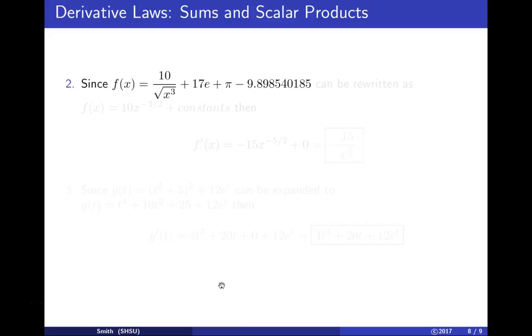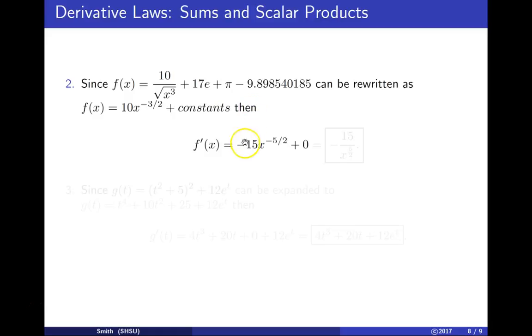The second problem, I can rewrite using the power rule as 10x to the minus 3 halves. That square root of x cubed in the denominator is x to the minus 3 halves. And then all the rest of these, 17, e, pi, and this thing, are all constants. And what's the derivative of a constant? It's 0.